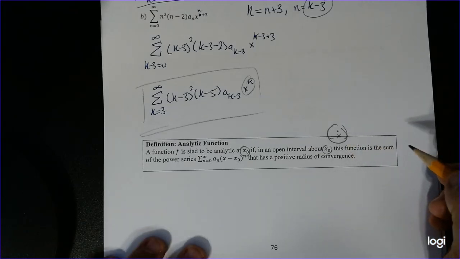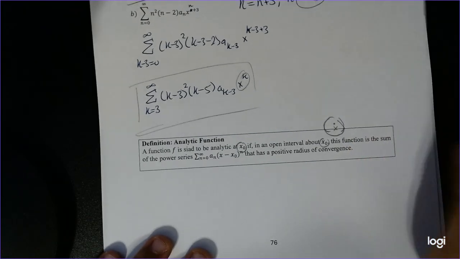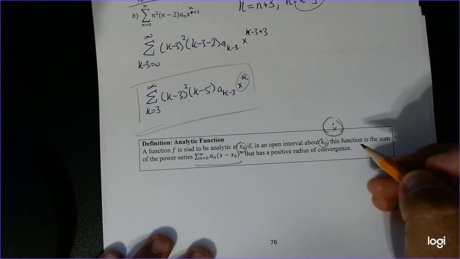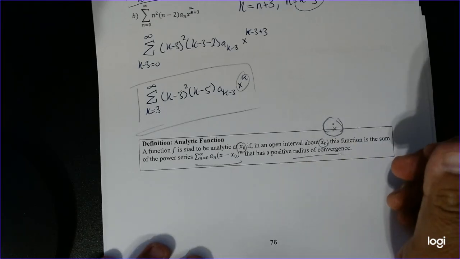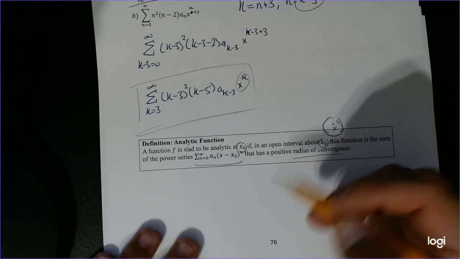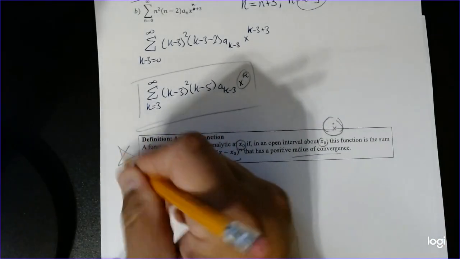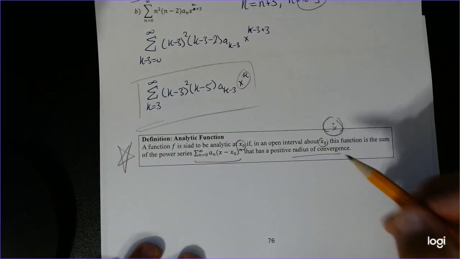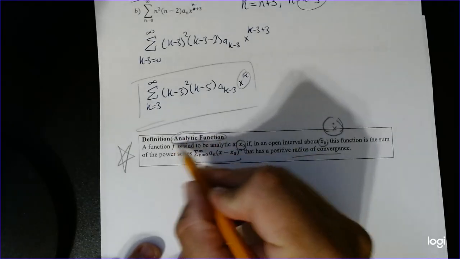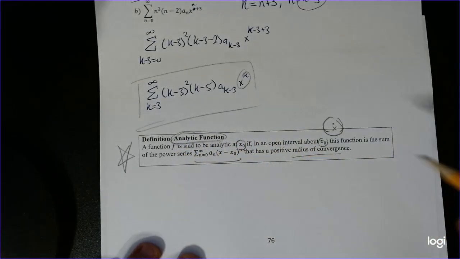This function is the sum of a power series that has a positive radius of convergence. So what in the world does that really mean? We'll get into more detail later on, but it's just a nice little definition to start with going forward, because we're going to figure out, okay, what does it mean to be analytic, and what does it mean to an actual series itself for differential equations.